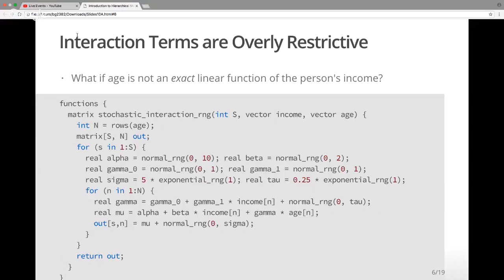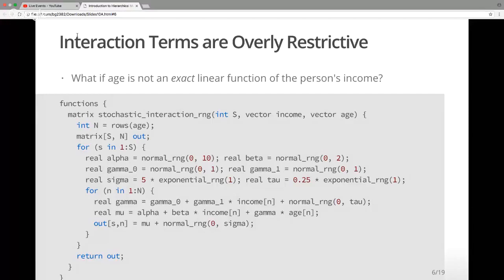And now it's possible, or indeed guaranteed, that two people who have the same income don't necessarily have the same gamma. It can be a little bit different for one person than the next, even though they both have an income of $80,000 or something like that. And the extent to which this is a noisy function, a little bit noisy or a lot noisy, depends on the size of tau, which can also be estimated, presuming that we have prior beliefs about tau to begin with.